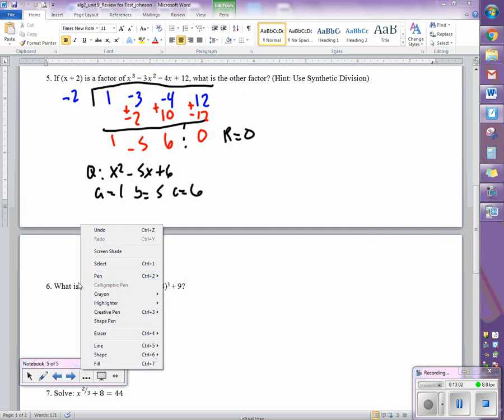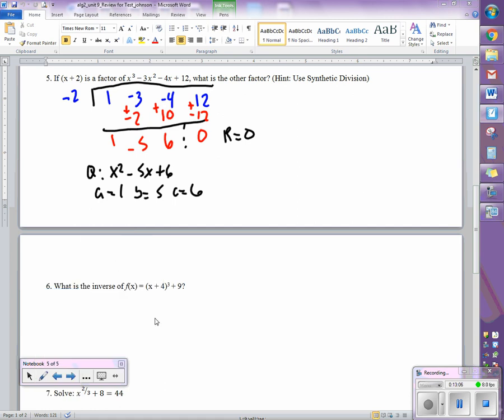I'm going to use the quadratic formula, which says x equals opposite b plus or minus the square root of b squared minus 4ac all over 2a. And yes, you need to memorize this.